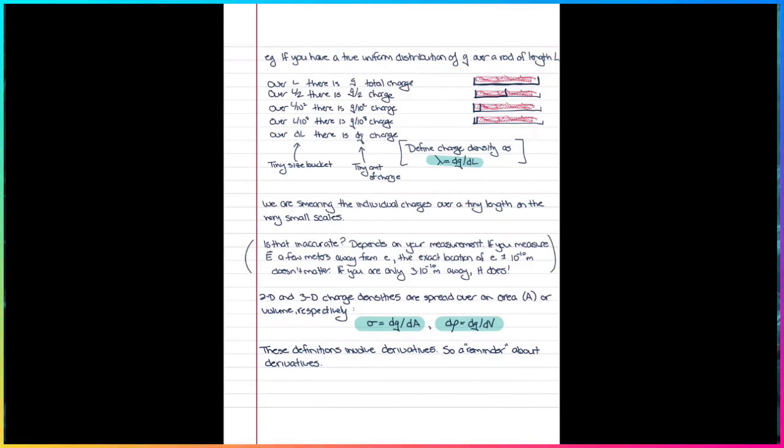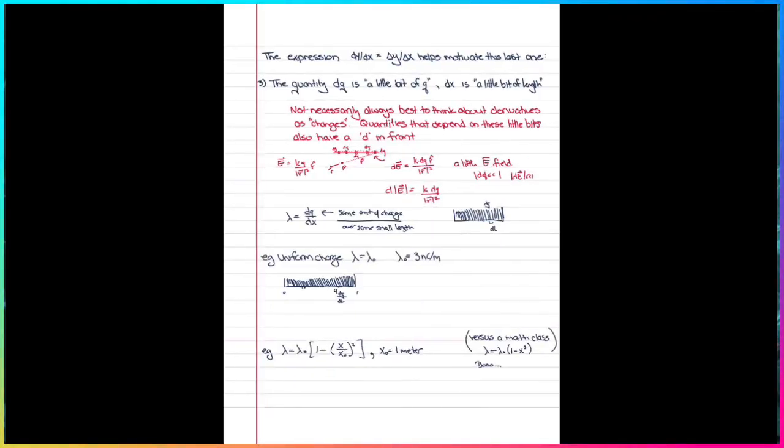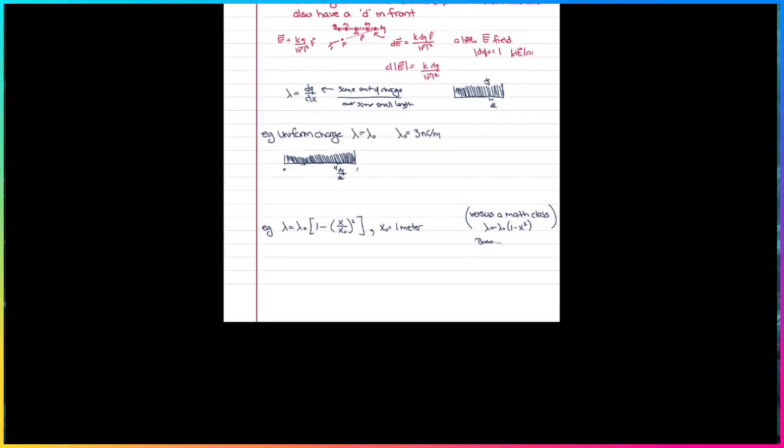For a uniform charge, even as we made the bucket smaller and smaller and smaller, both the numerator and the denominator got smaller, and would converge to the same answer. In this case, it would converge to 3 nanocoulombs per meter.